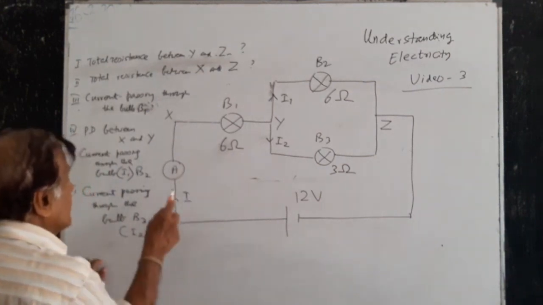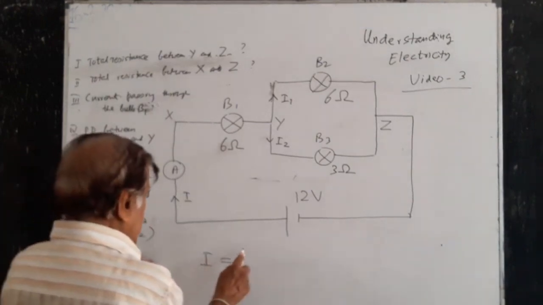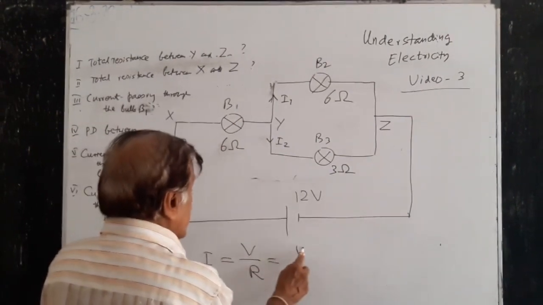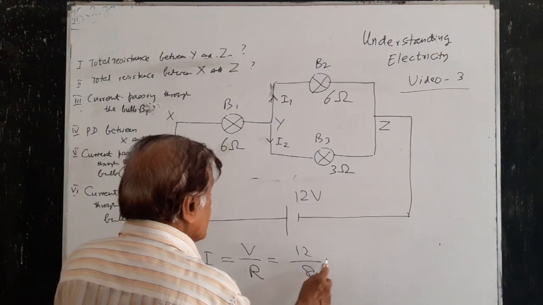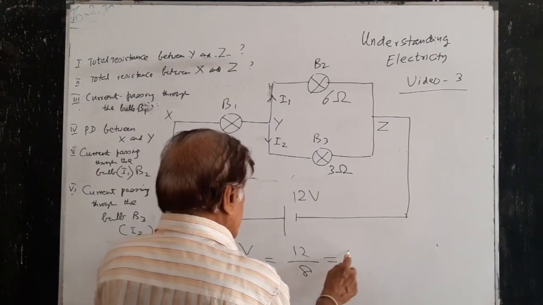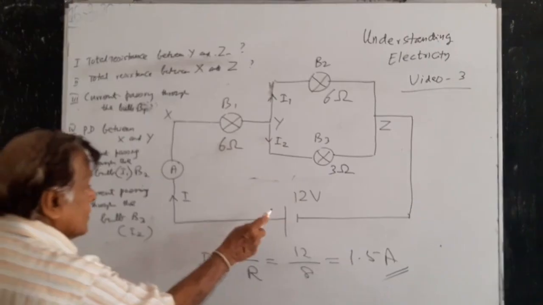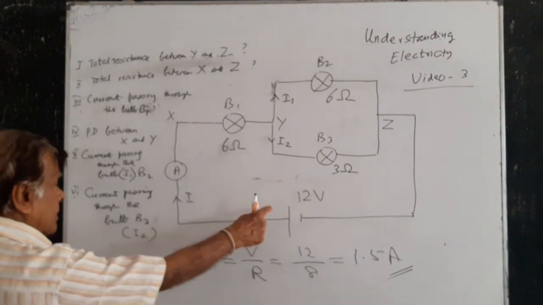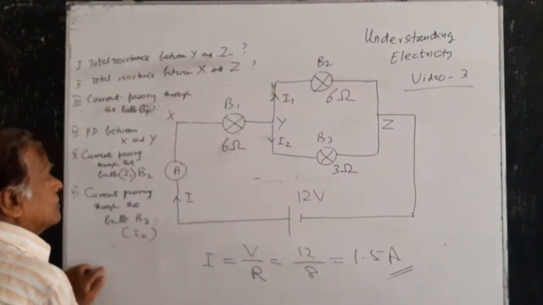So therefore, according to Ohm's law, I is equal to V upon R. V is 12. R is 6 plus 2, 8. Therefore, I is equal to 1.5 amperes. The current drawn from the battery is 1.5 amperes.